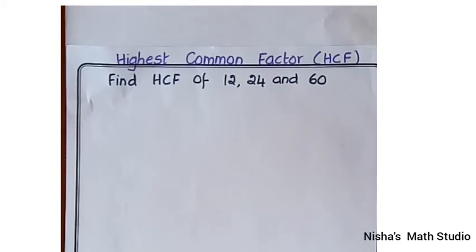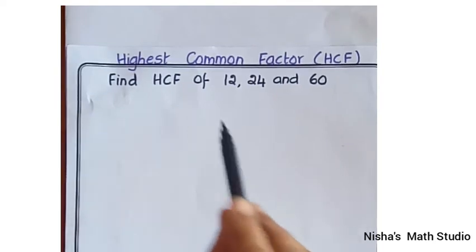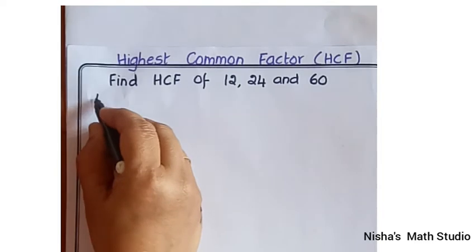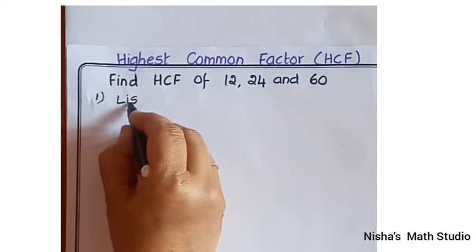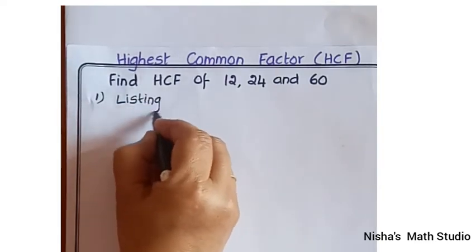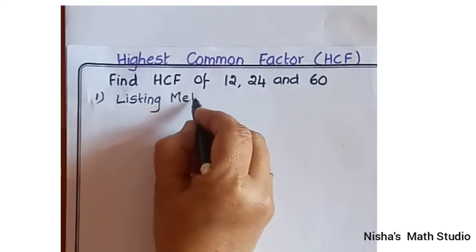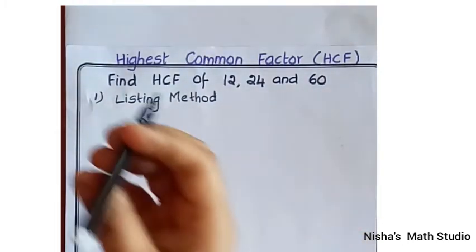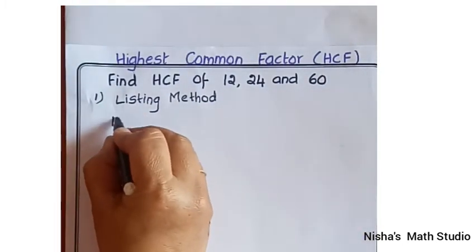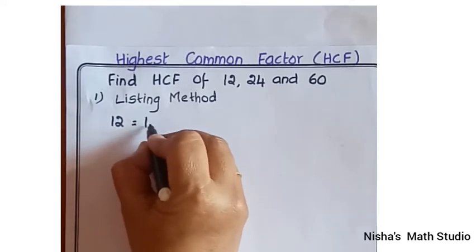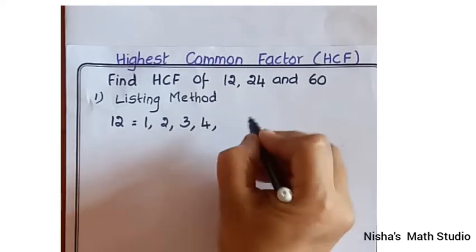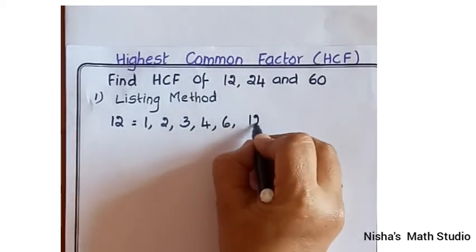Now, let me try to explain these two methods by taking three numbers. Find the HCF of 12, 24 and 60. First, we will see the listing method. In the listing method, we have to write the factors of the given three numbers. So first let me begin with 12. Factors of 12 are 1, 2, 3, 4, 6 and 12.